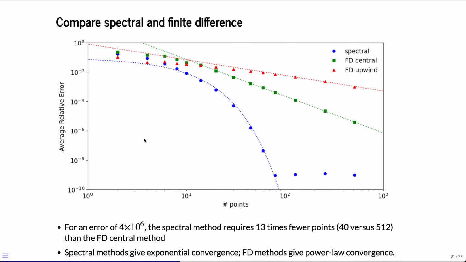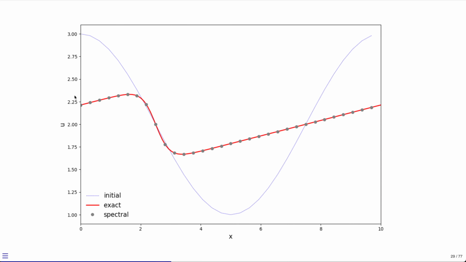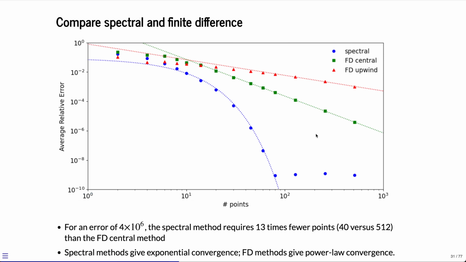And then we can compare the two methods for different numbers of grid points. So here, the blue is the spectral method, and I'm looking at the average relative error over this whole red curve when you change the number of grid points.